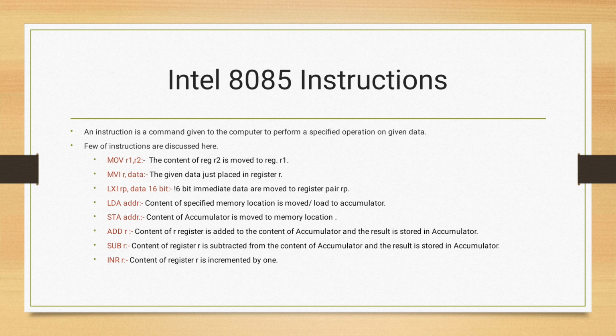ADD R means the content of register R is added to the content of the accumulator, which is itself an 8-bit register, and the result is by default stored in the accumulator. Next one is SUB R. SUB means subtraction. The content of register R is subtracted from the content of the accumulator, and the result is by default stored in the accumulator.